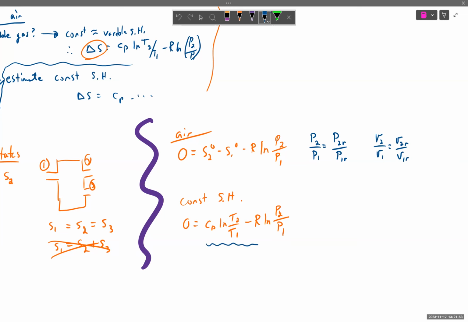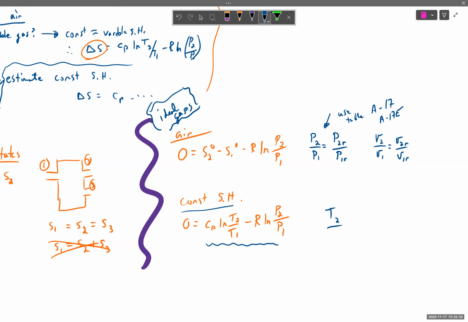In a different form of this, sorry, use table A17 or A17E. Different form of this for constant specific heat, ideal gases, I should make that note, right?